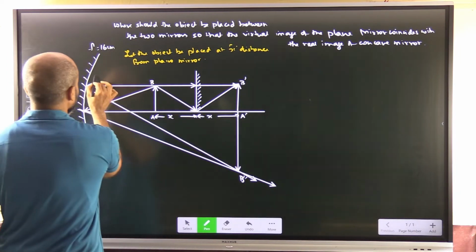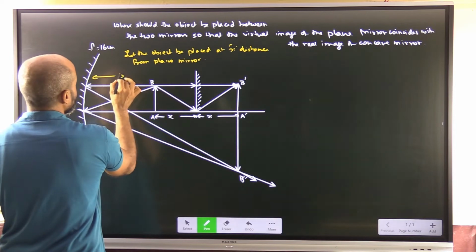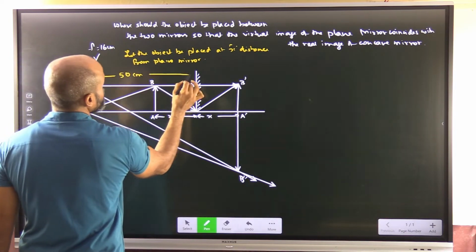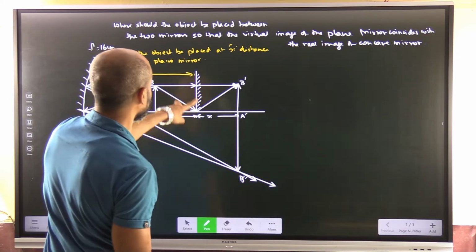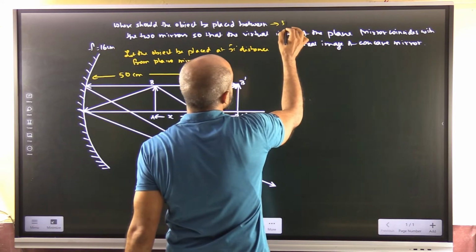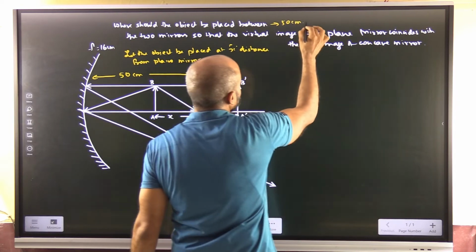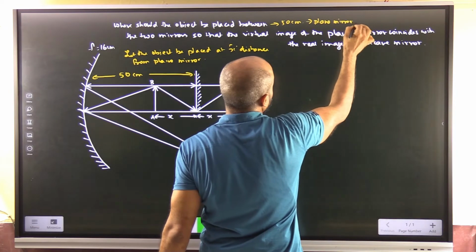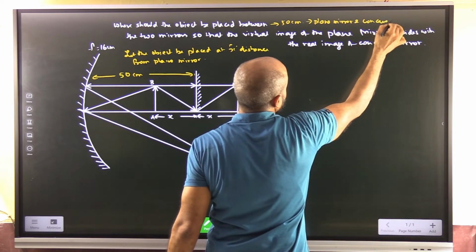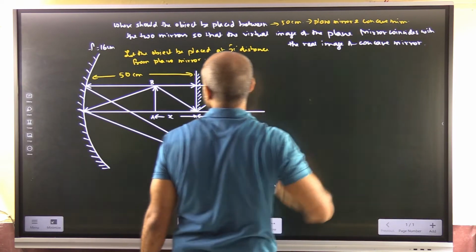The entire distance, as we know, is 50 centimeter. It has been given. So let's say this distance between the plane mirror and the concave mirror is 50 centimeter.